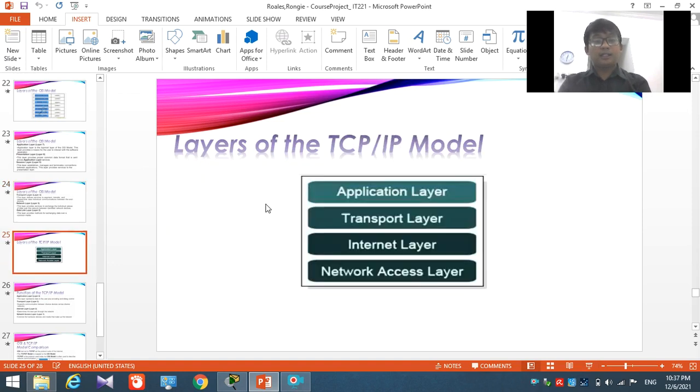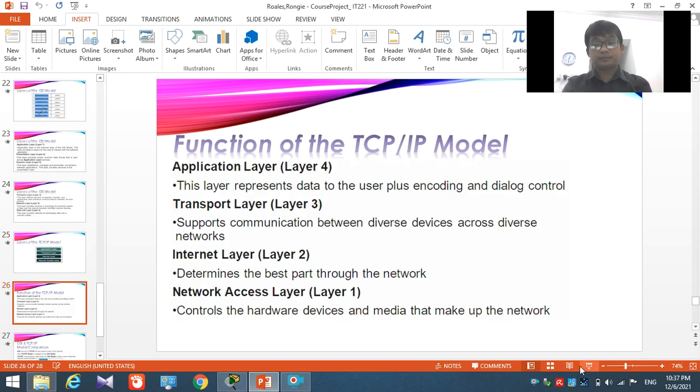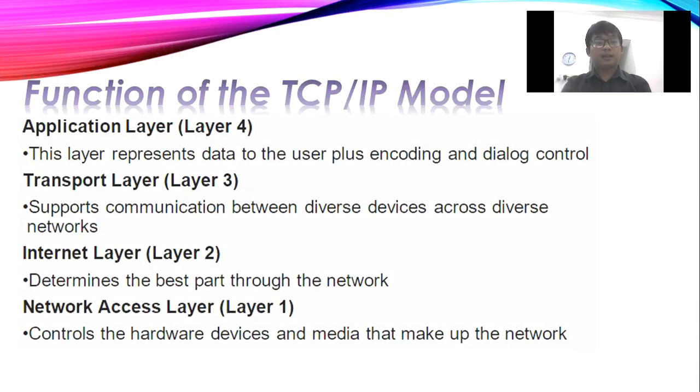the layers of the TCP/IP model. We have application layer, transport layer, internet layer, and network access layer. So, application layer, the layer 4, represents data to the user, plus encoding and dialog control.